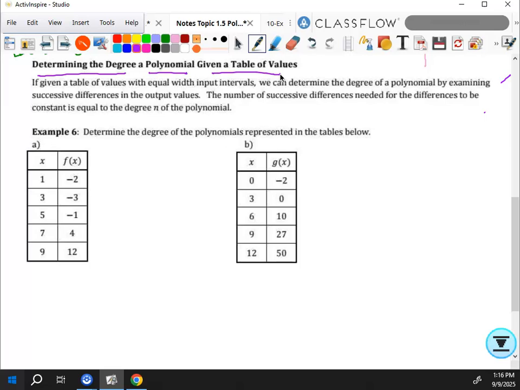If given a table of values with equal width input intervals, which is also the same as equal length input value intervals, we can determine the degree of a polynomial by determining successive differences in the output values. Okay, so we're looking at the differences in the output values. We're not technically looking at the rate of change, even though they kind of go hand in hand. All right, bless you. So the number of successive differences is the degree n of the polynomial.